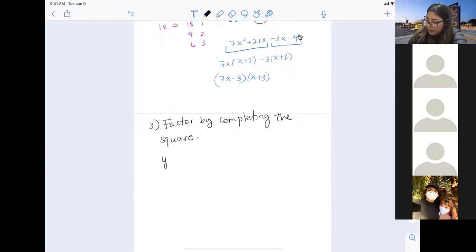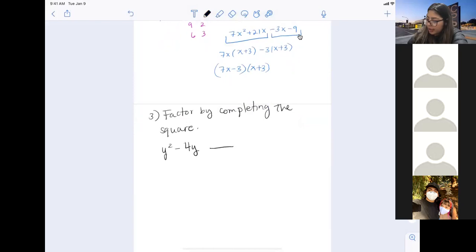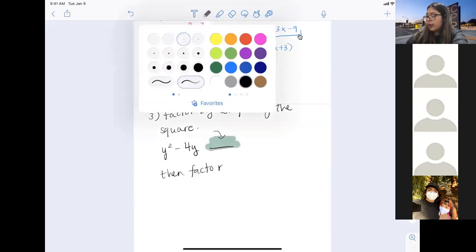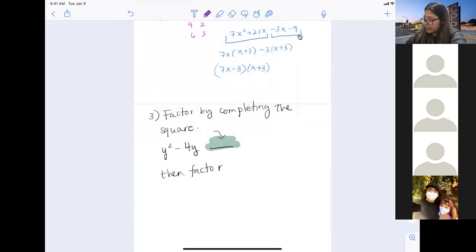So if you have y squared minus 4y, you want to first find what do I have to add here and then factor. So step 1, you need to find this highlighted area. How do I find that highlighted area? Well, you take b divided by 2 and square that number. And I always keep that number in the parentheses, and that's true because a is 1. My coefficient is 1, so I'm allowed to do that.